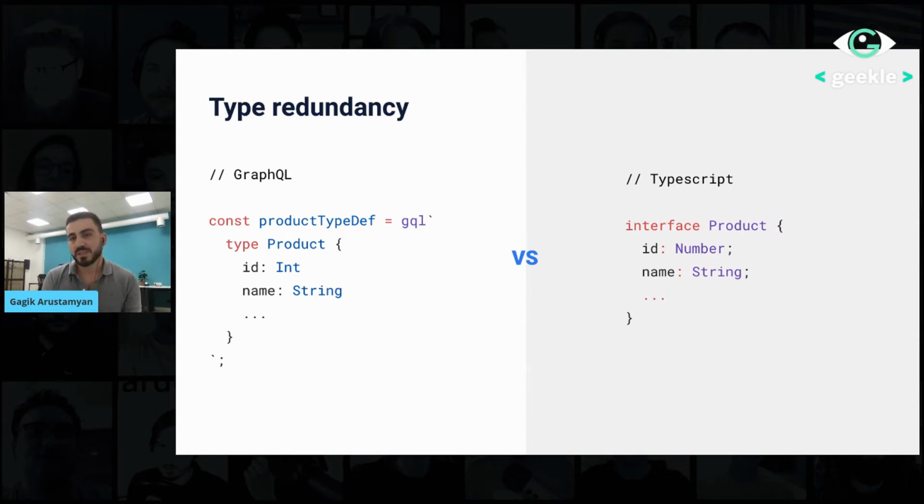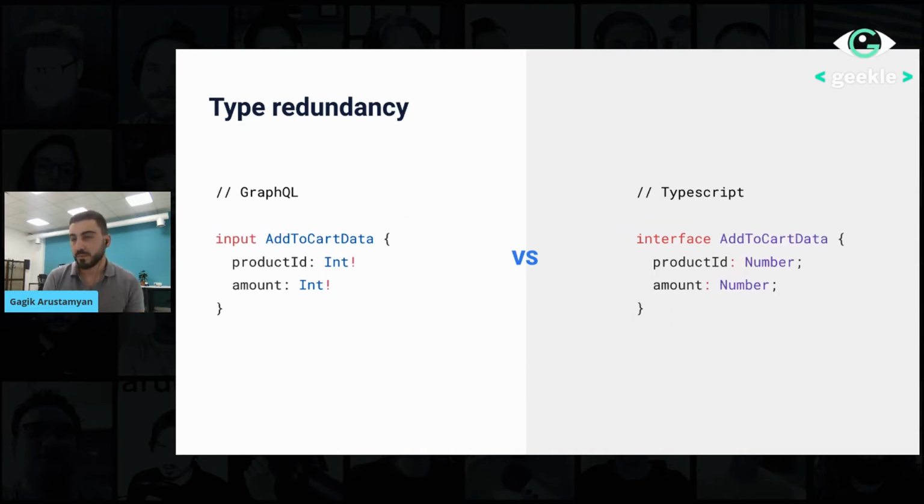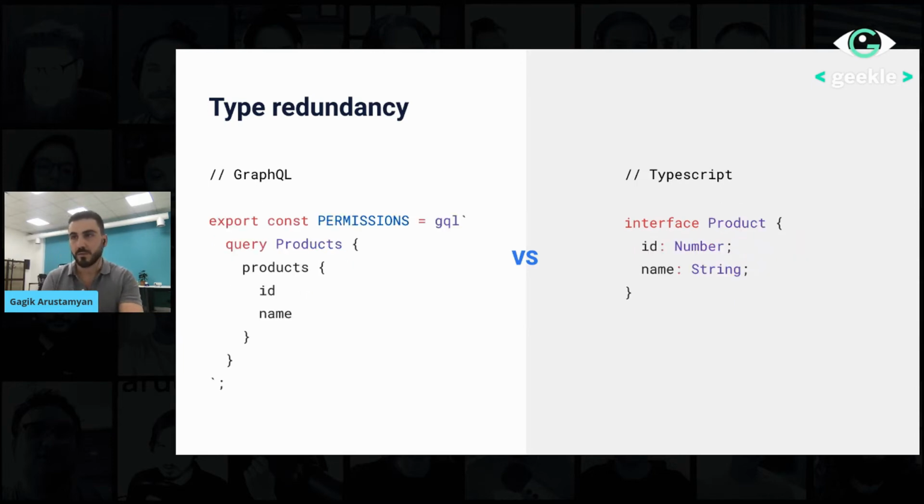They're not serving the same purpose, but they carry almost the same information. And the same goes for mutations. You have the GraphQL definition on the left, you have your TypeScript definition on the right, but this again feels like a repetition, and we don't like repetition. We know it's a bad thing to do.